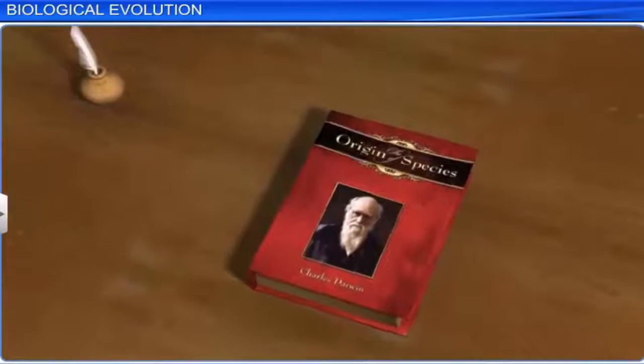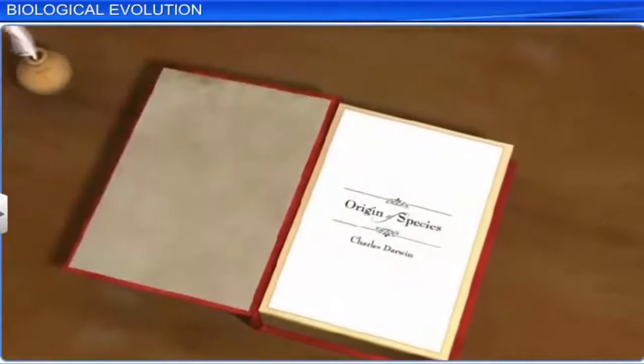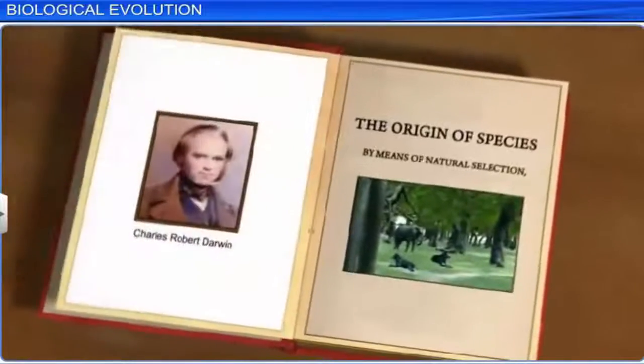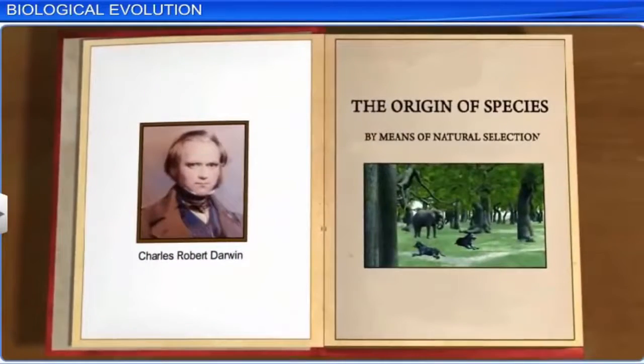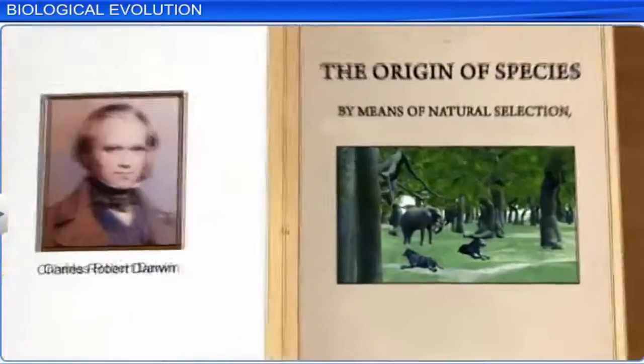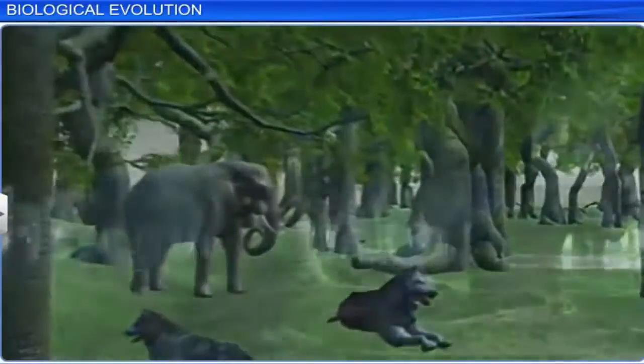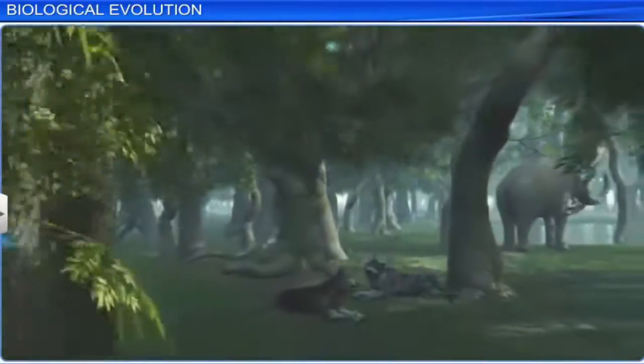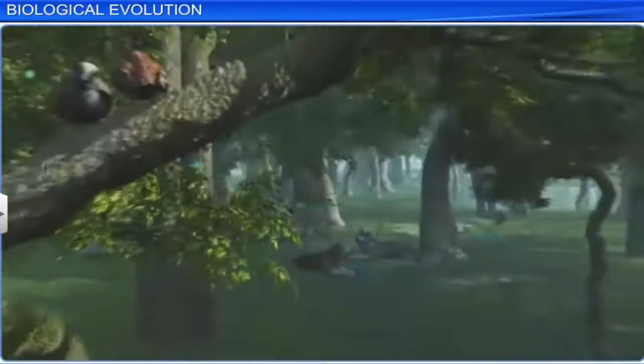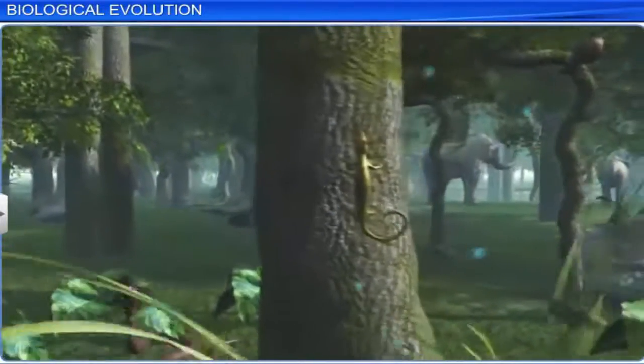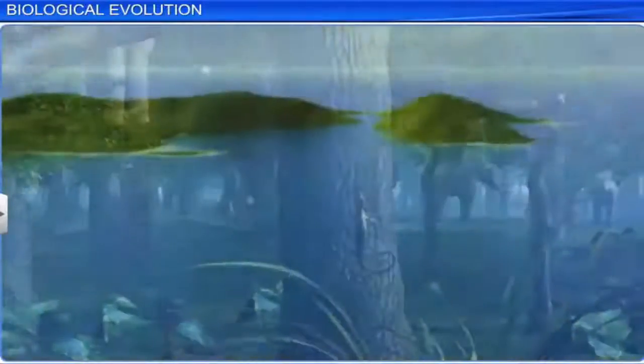In 1859, when Charles Darwin's influential book On the Origin of Species by Natural Selection was published, it took the world by storm. Suddenly, the theory about the creation of life, which till then was only understood in religious terms, found a new explanation.